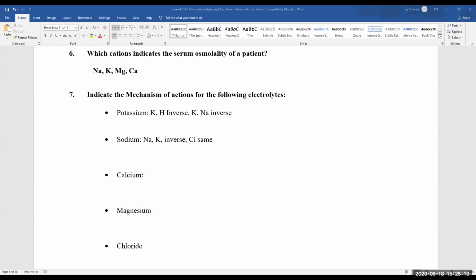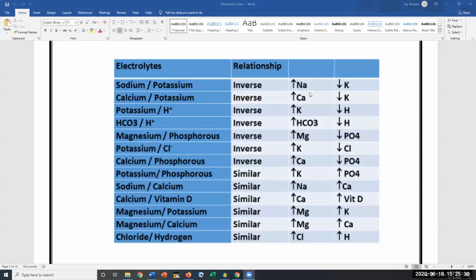All right, so let me share it with you. Okay, so yeah, sodium and calcium, they go together. Okay, so sodium and potassium inverse, calcium and potassium inverse. As far as calcium and potassium inverse, then calcium and sodium would also be going the same direction, because this one is up, this one is down, so they go in the same direction.